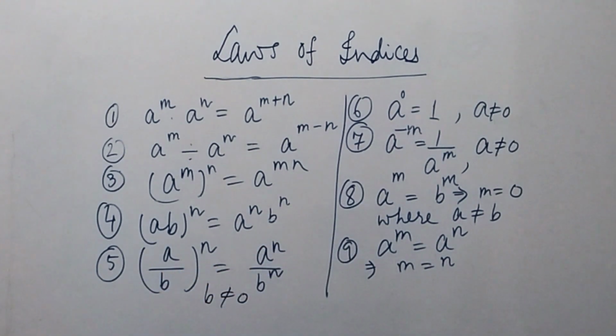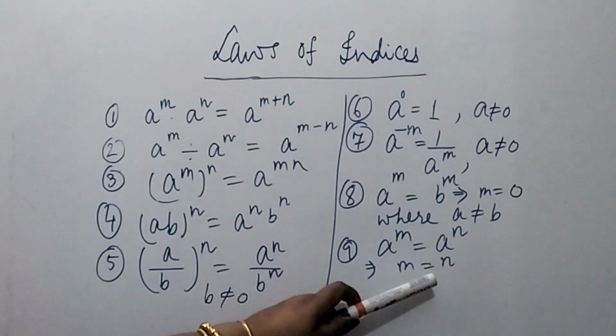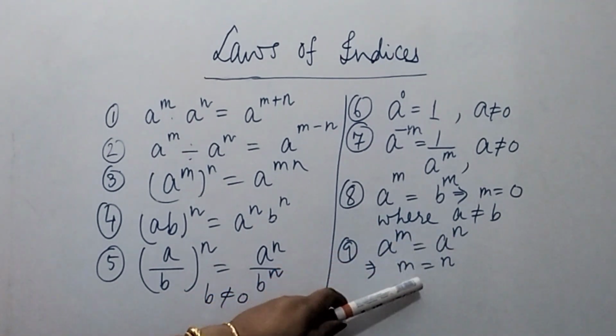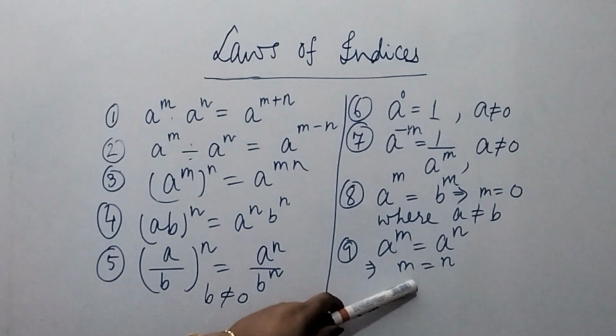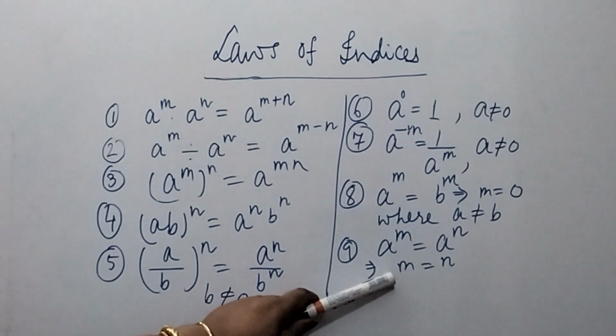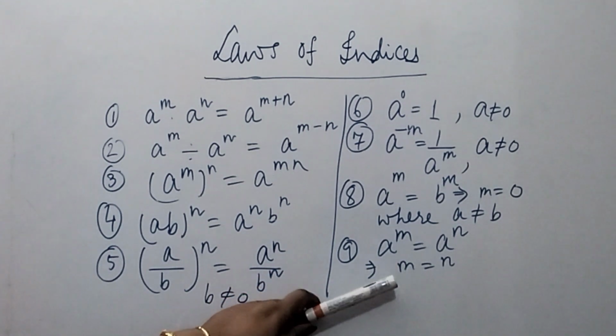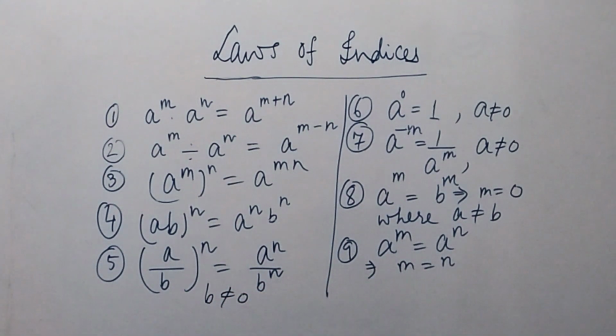And finally we have got that if a^m equals a^n, then obviously m equals n. Okay, if both m and n are 0, then both the values will be 1. But otherwise, if they are non-zero reals, then in those cases also we will find m should be equal to n.